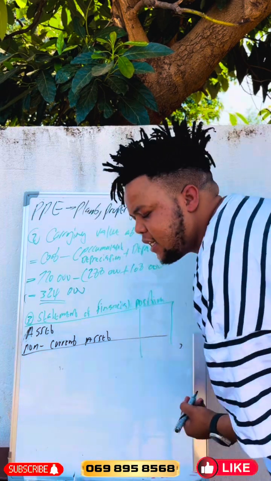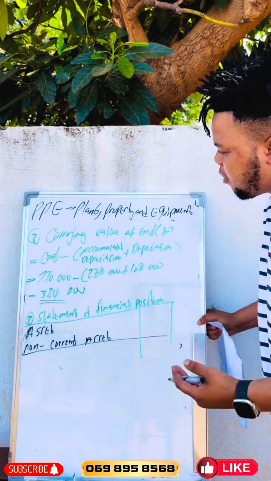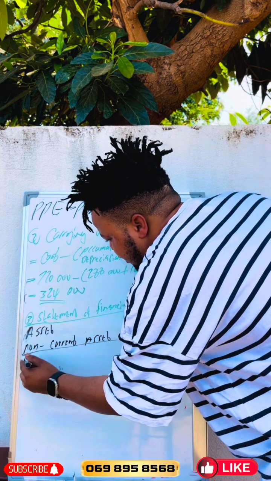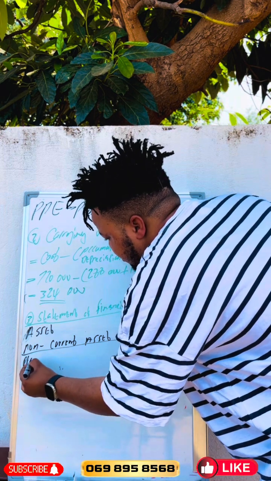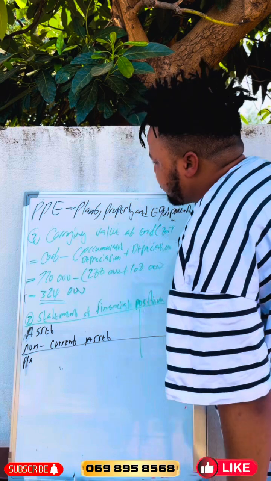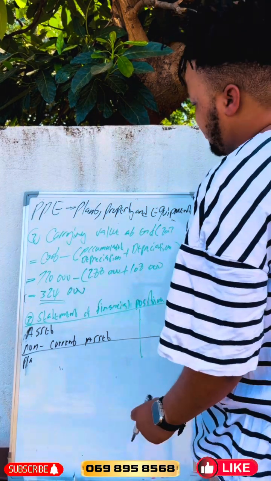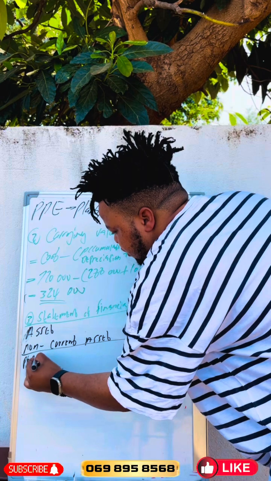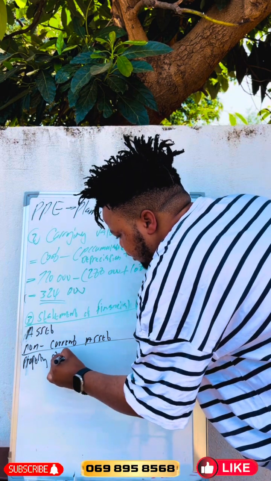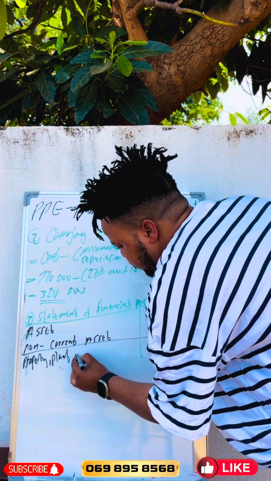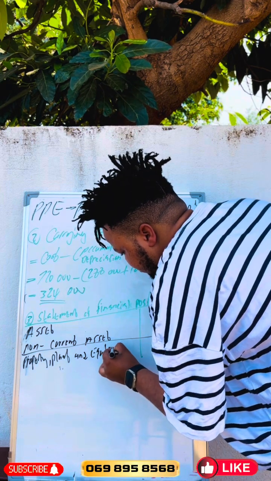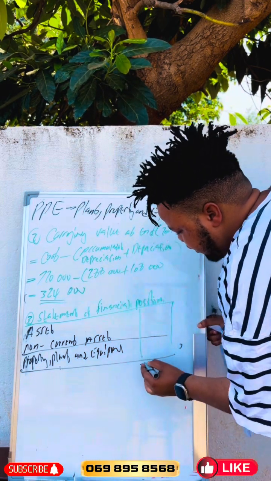Then under non-current assets, which non-current assets we are talking about here is the property, plant, and equipment. And then there we go.